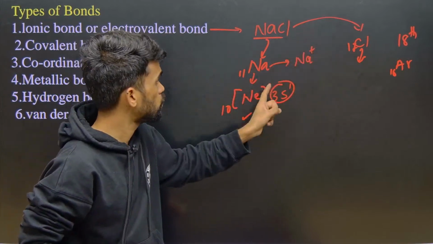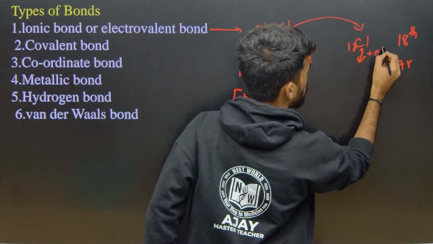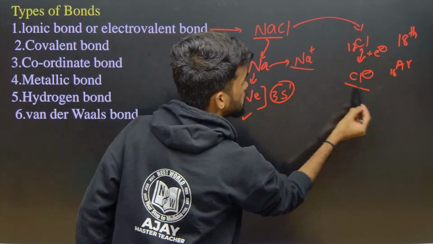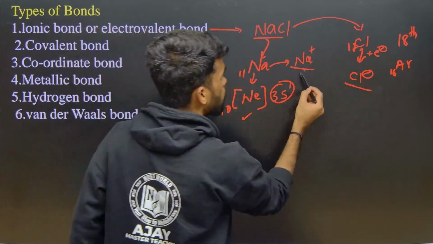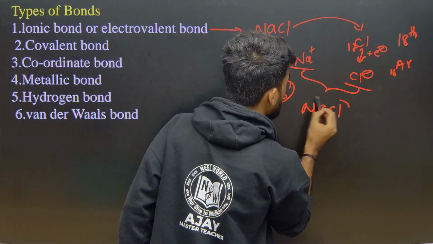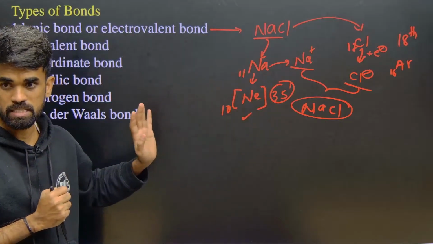Therefore, the donated electron is taken by chlorine and it becomes chloride ion. Now both are oppositely charged species, so they have electrostatic force of attraction, resulting in the formation of a NaCl crystal.